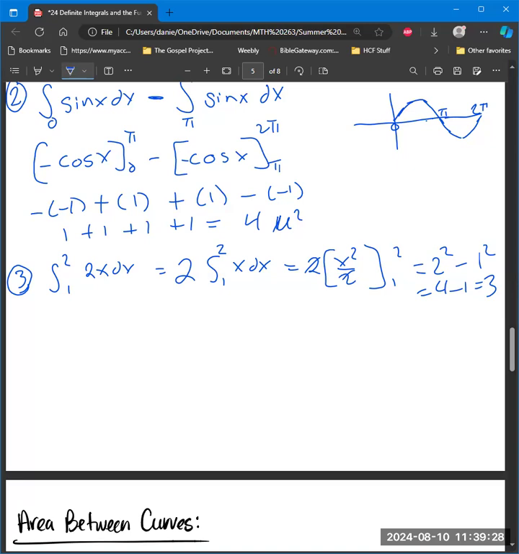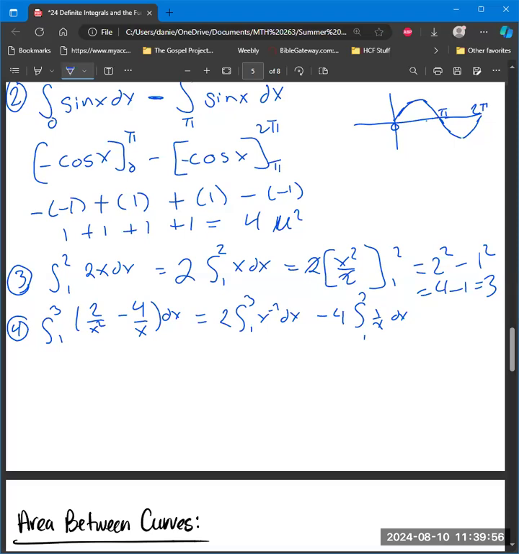Fourth example here is to go from 1 to 3 of 2 over x squared minus 4 over x dx. It's going to be 2 times the integral from 1 to 3 of x to the -2nd dx, minus 4 times the integral from 1 to 3 of 1 over x dx.